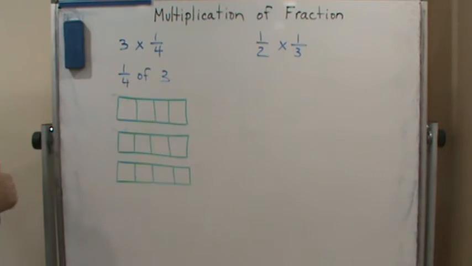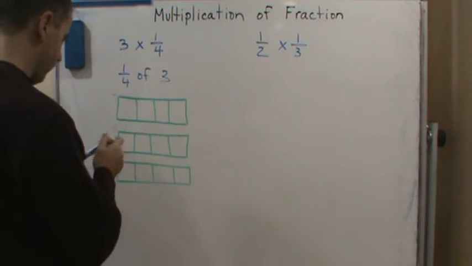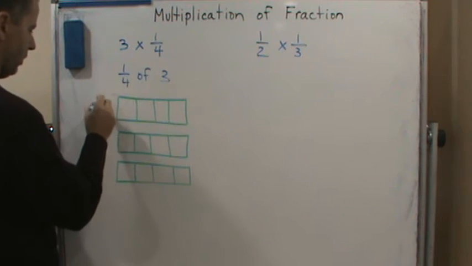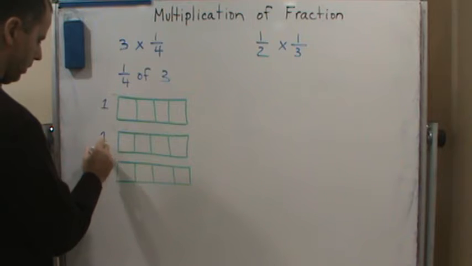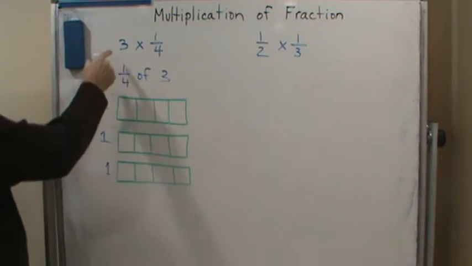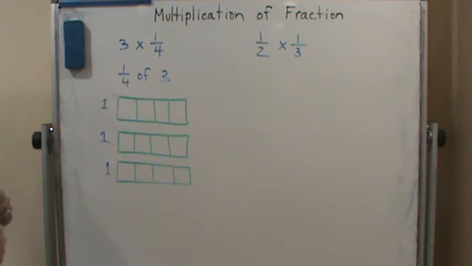Okay, so let's say these are equal pieces. Each one represents a whole. So this is 1, 1, 1. There's our 3. And we want to take 1/4 of the 3.